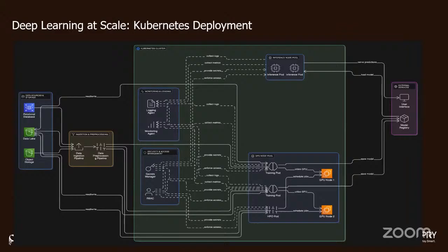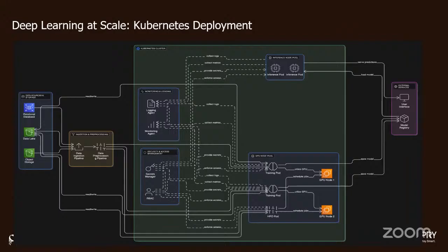Okay. Then we will have our security and access management. Within that we have RBAC, role-based access control, which ensures only authorized users can run the training or deployed model. Then we will have a secret manager. The secret manager secures your API keys, credentials, and sensitive configurations. All these things will be in the secret manager.